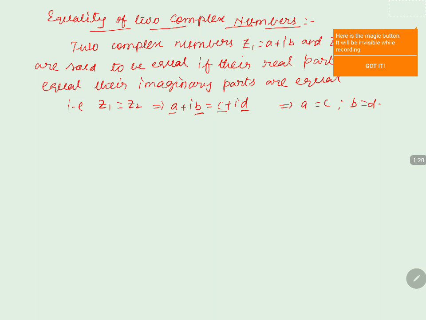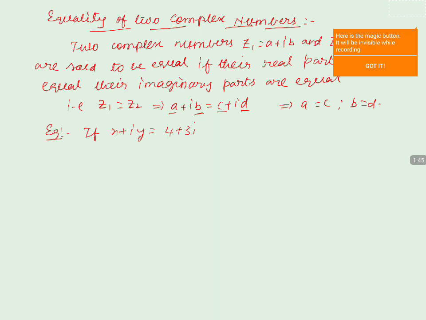Now, we can explain this briefly by taking an example. Suppose x plus iy is equal to 4 plus 3i. In the LHS, the complex number is x plus iy, whereas in the right hand side, the complex number is 4 plus 3i.